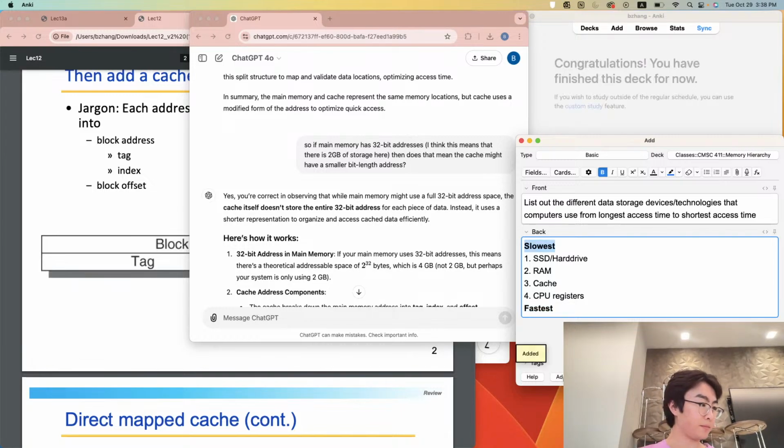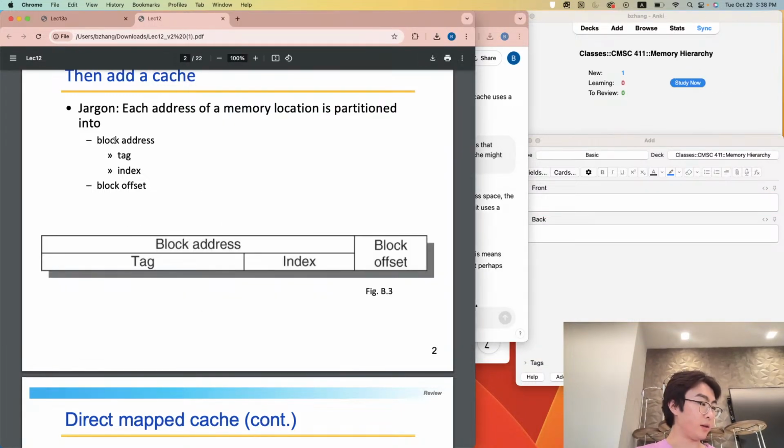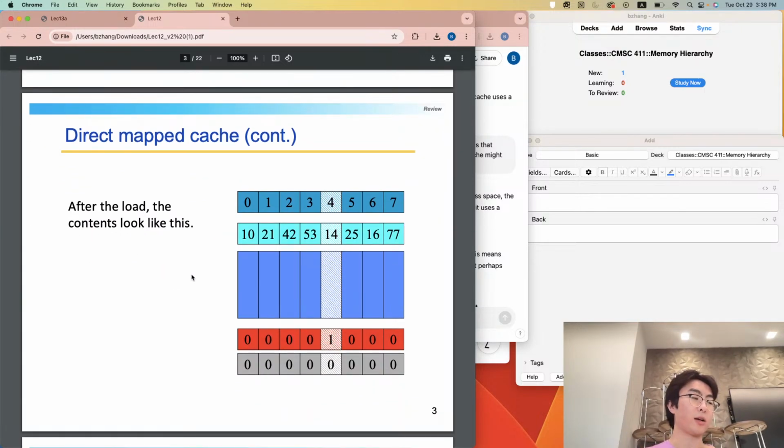Okay. So we have the index, the tag, and the offset. So direct map cache, I think what this means is that you have an index, right? And every single index maps to a single block.